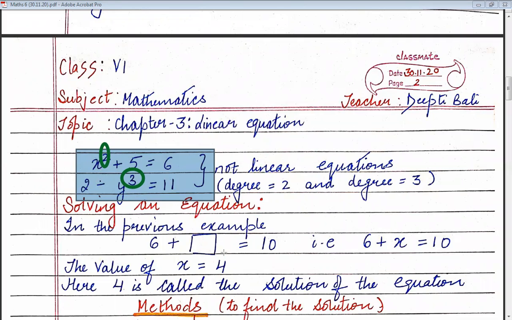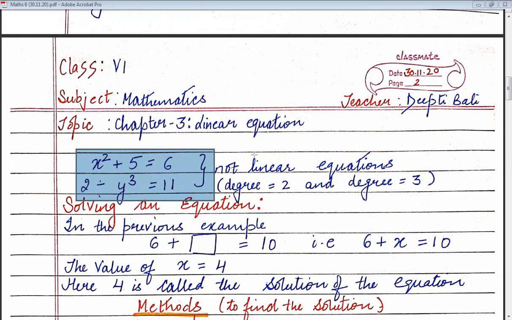But right now in this, you have degree 2, and in the next one you have degree 3. The first example is known as a quadratic equation and 2 minus y cube is equal to 11 is known as a cubic equation. But children, in this class we are not dealing with quadratic and cubic.